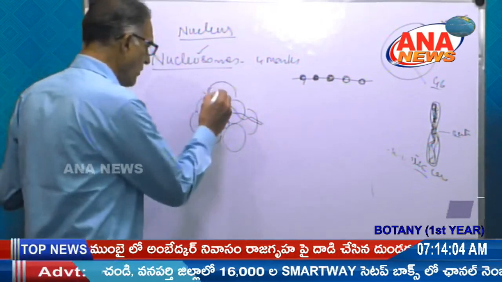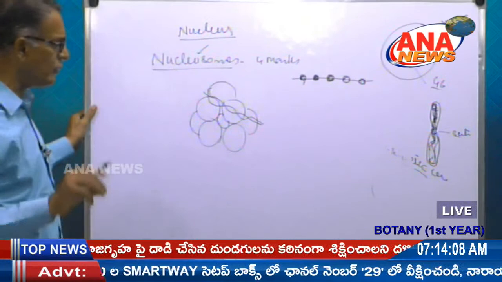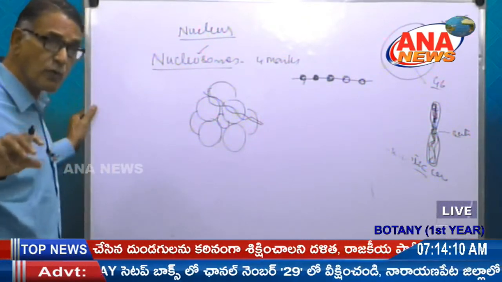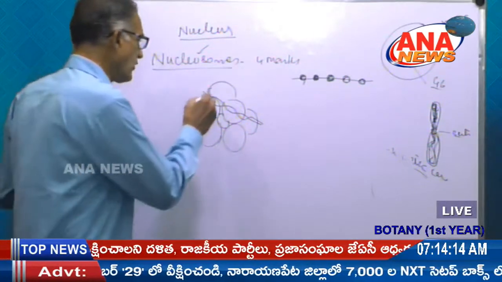This is the octamer of histone. These are 8 histone proteins which are associated to form a unit, that octamer.